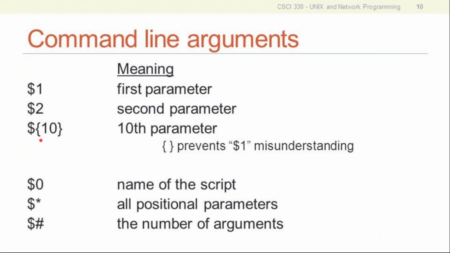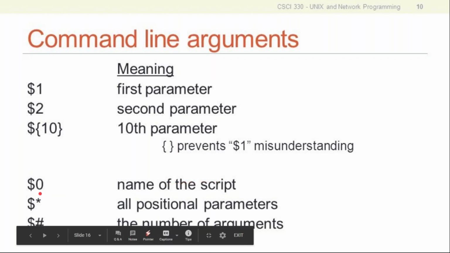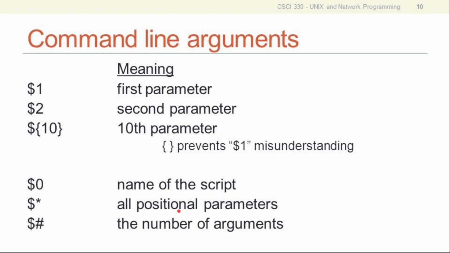So it has to be curly braces with 10, ${10}, and that is your 10th parameter. The name of the script or command is at the 0 position. The number of arguments is given by the hash, and asterisk is for all positional parameters.